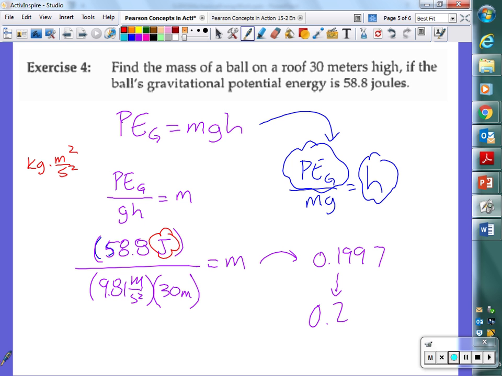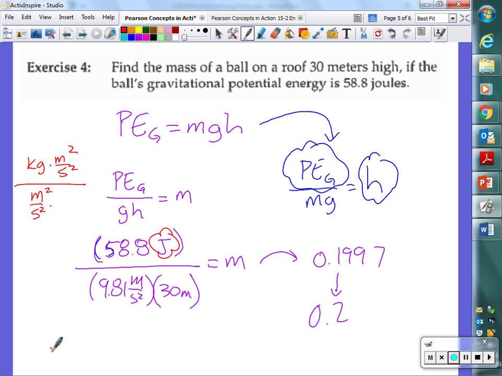So that's the combination of units that shows up on the top, right? On the bottom, we have meters over seconds squared and meters, right? If we multiply the two things on the bottom together, we end up with that, right?